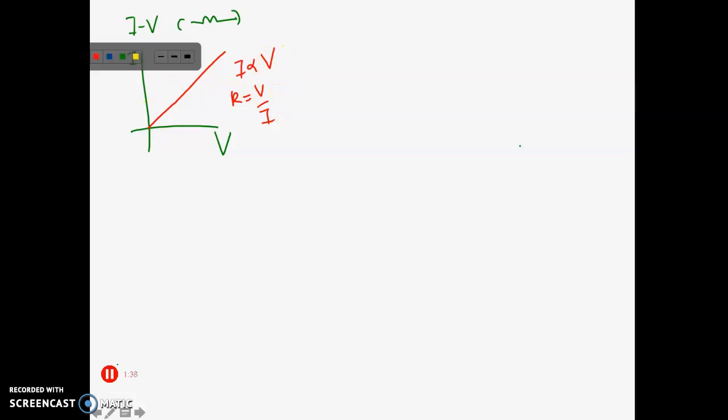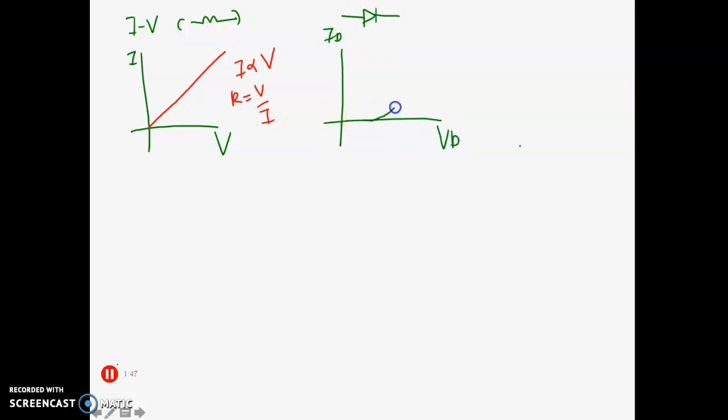Next you learned about the diode. What is the IV characteristic of your diode? This is ID, VD, and the shape is after the V gamma. If your VD is more than V gamma, your diode starts to turn on. That is what we call forward bias, and at reverse bias your diode is off.